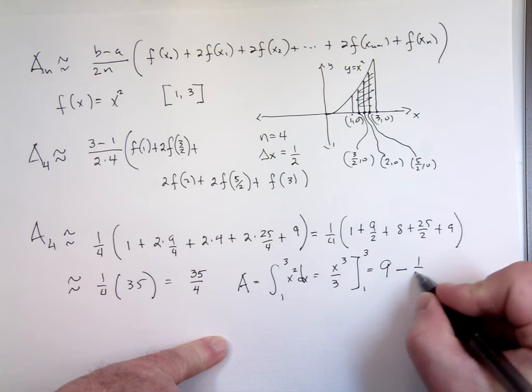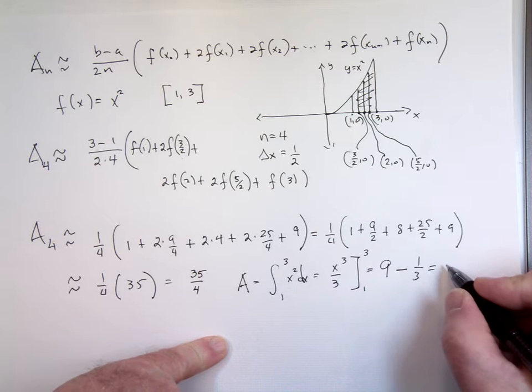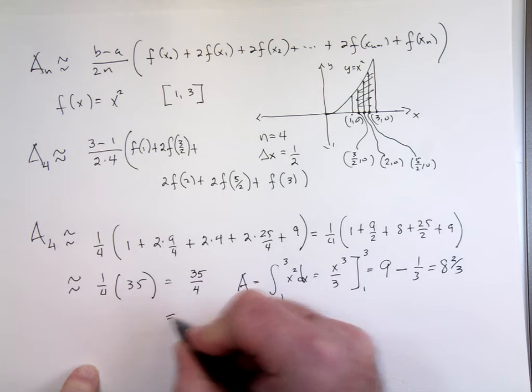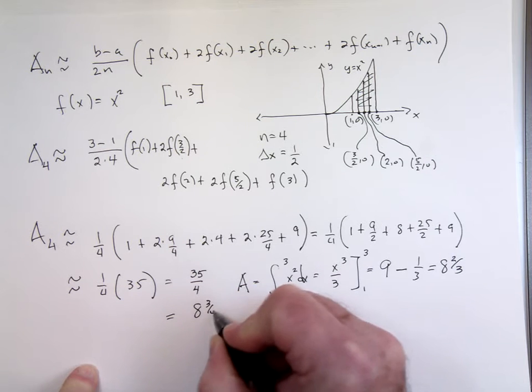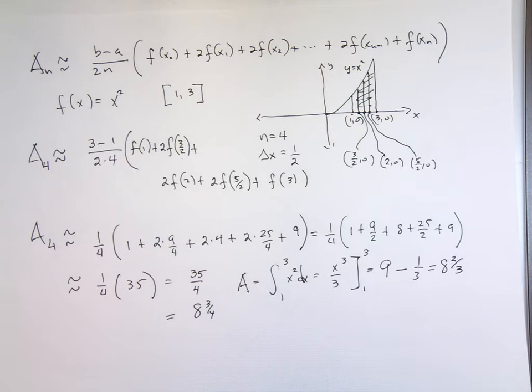We get 8 and 2/3. This is 8 and 3/4. That is pretty close. That is really close, using only 4 trapezoids. Very, very close.